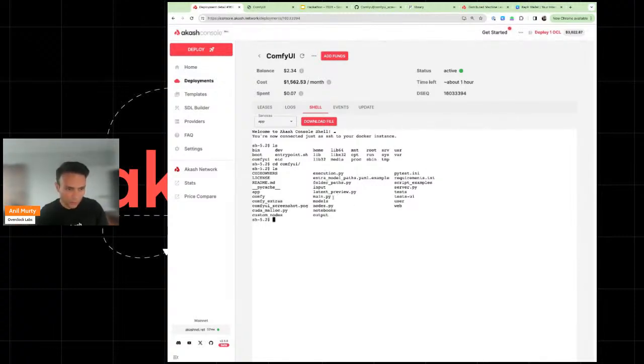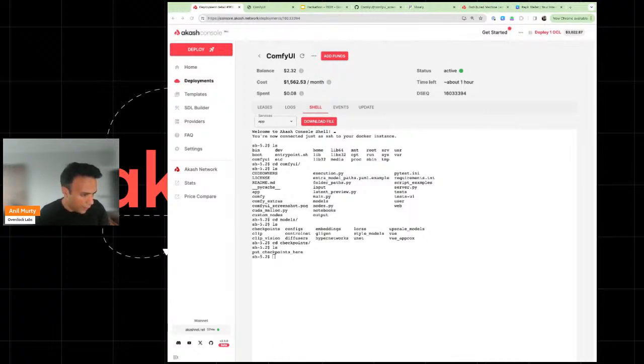There are a bunch of folders here for ComfyUI, but I'm going to go into the models folder. And inside here is where you can put your embeddings, your upscalers, your checkpoints, and so forth. So I'm going to go into the checkpoints folder now. And there are no checkpoints there. It says put checkpoints here. So what I'm going to do is a wget of a checkpoint that I found online.